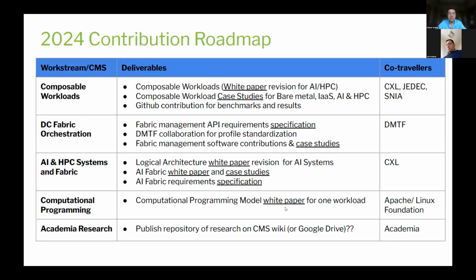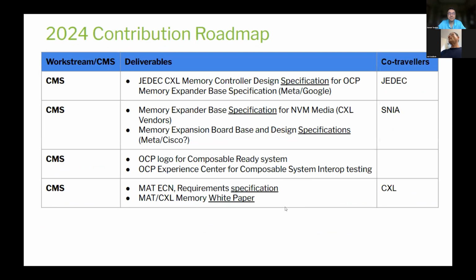They do have an extensive plan for 2024, for this year, to move these concepts forward. And the work is being done in conjunction with other co-travelers, different consortia, the MTF, JEDEC, CXL, SNIA, and others, to bring good capabilities into systems.